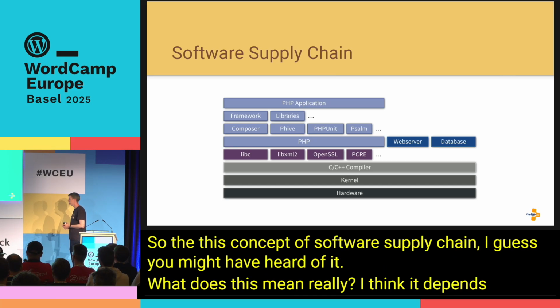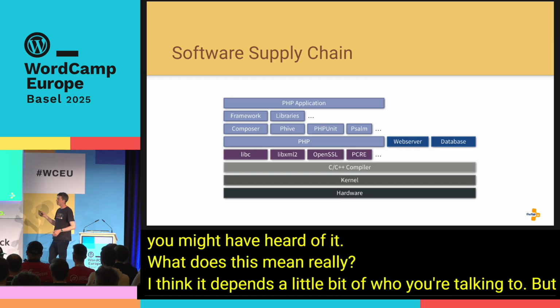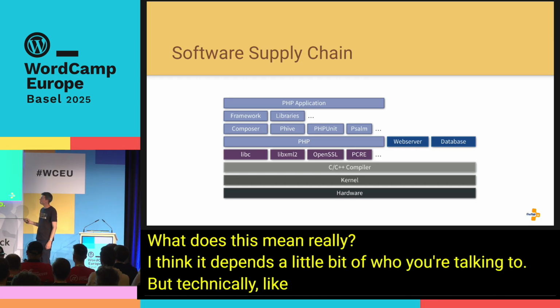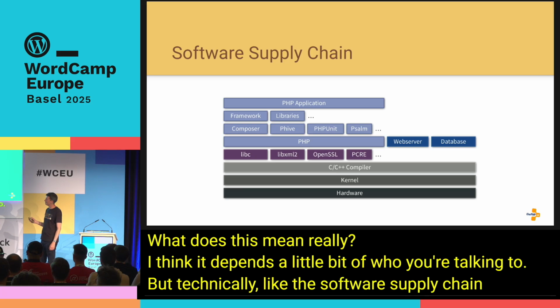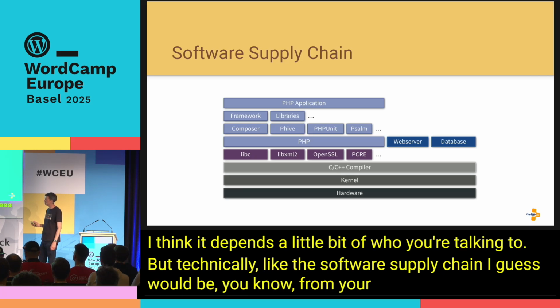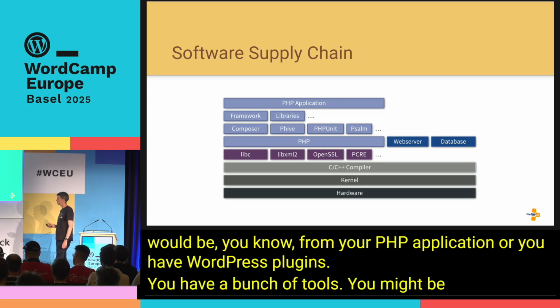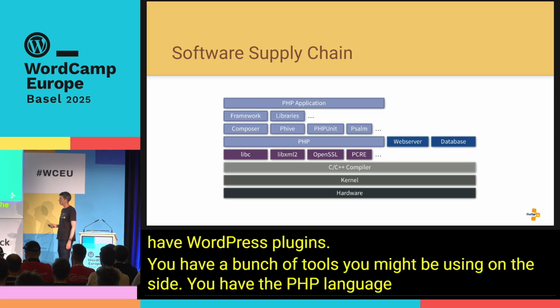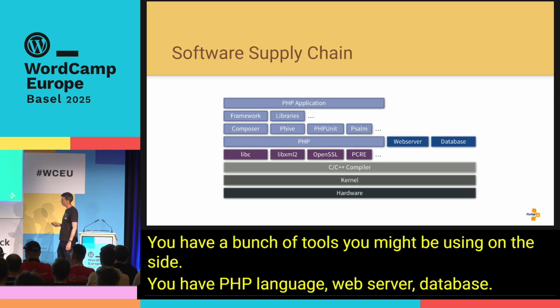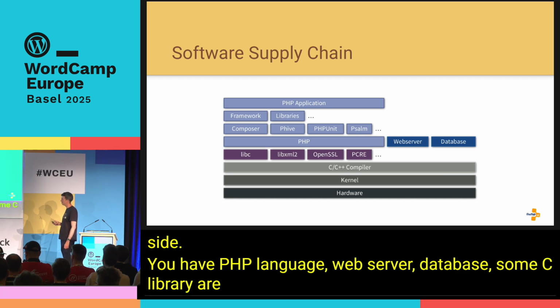I think it depends a little bit on who you're talking to, but technically the software supply chain would be, from your PHP application, or you have WordPress plugins. You have a bunch of tools you might be using on the side. You have the PHP language, web server, database, some C libraries that are used to build all of that.